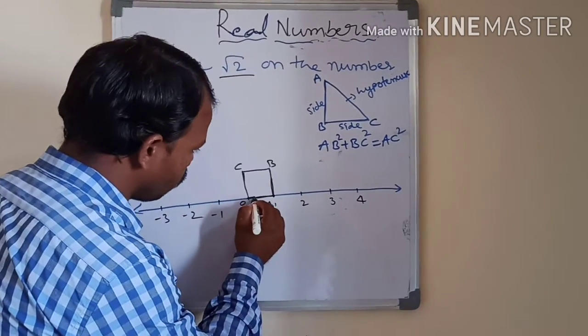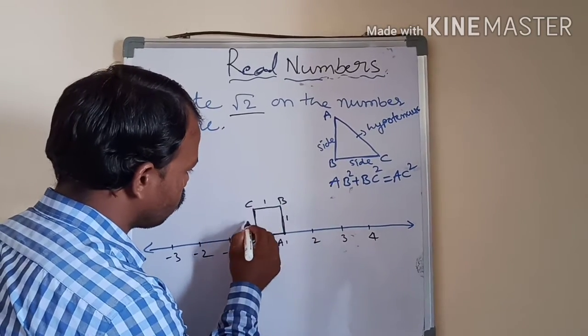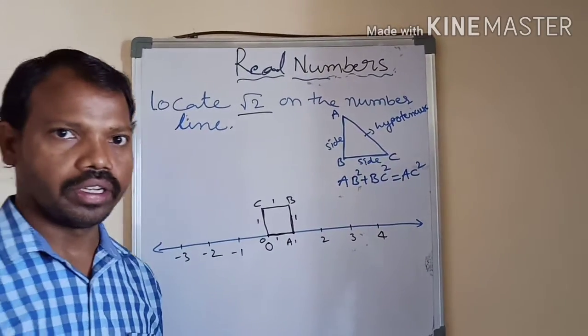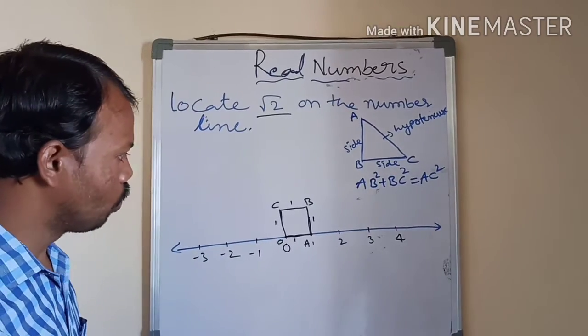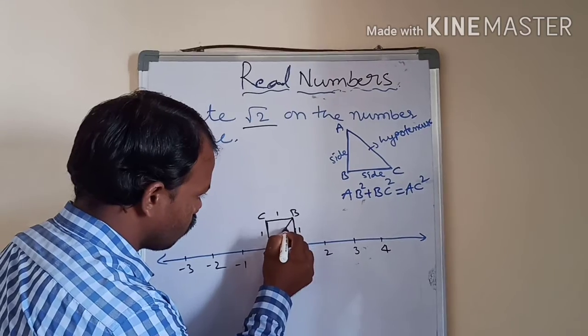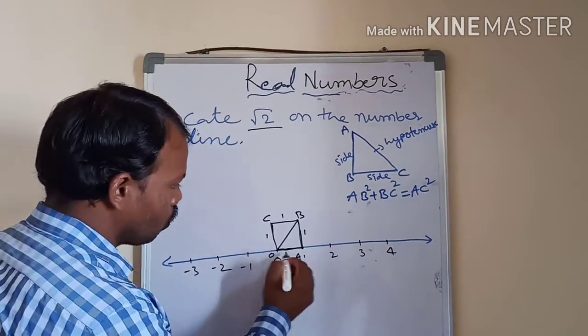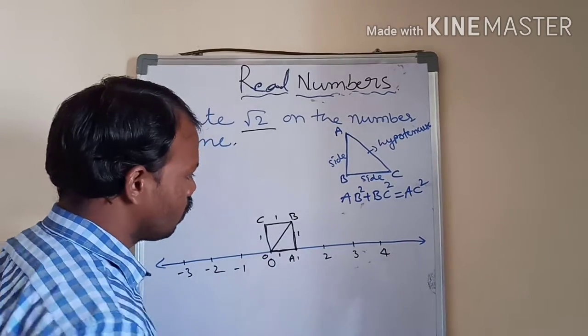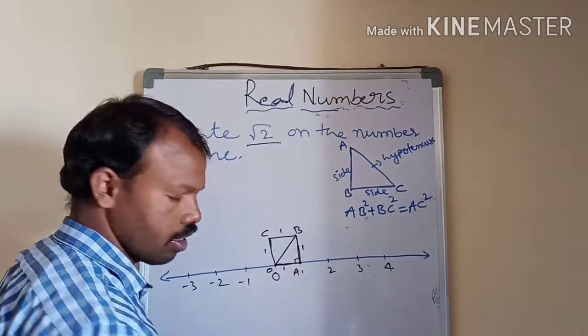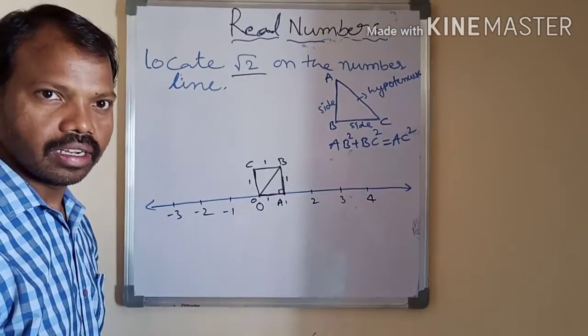Each side measures 1 unit. But where is root 2? Just draw the diagonal in this square. So OAB is a right angle triangle.